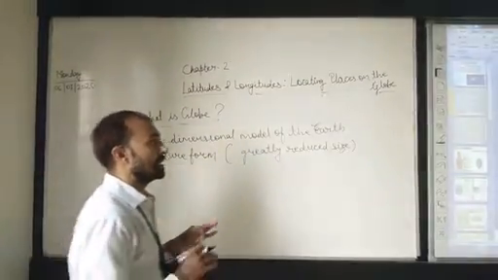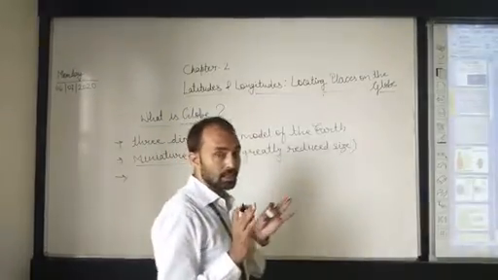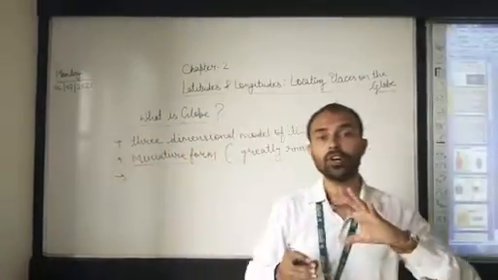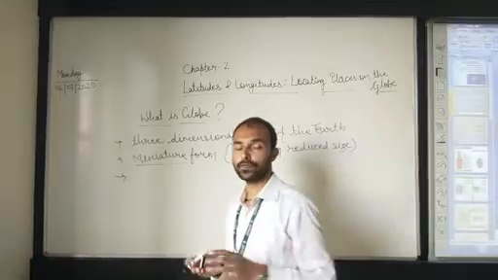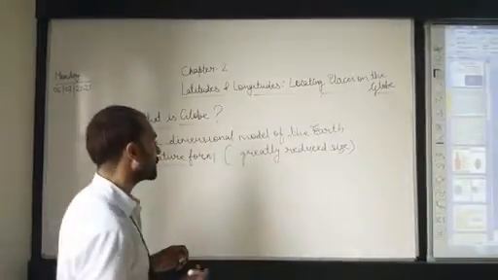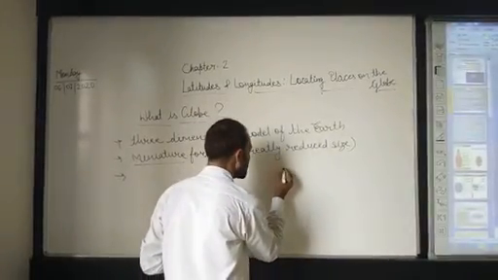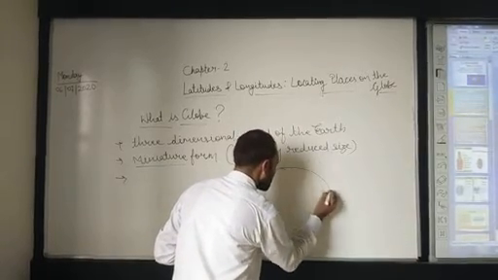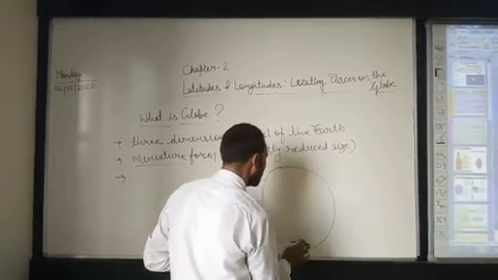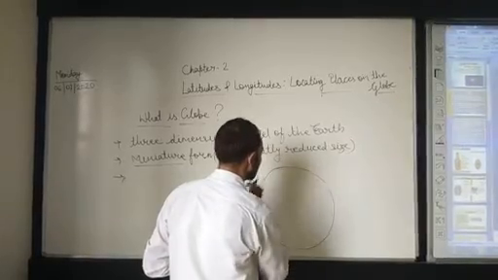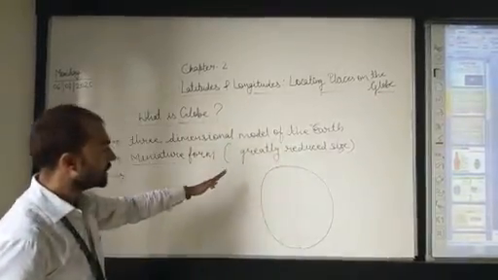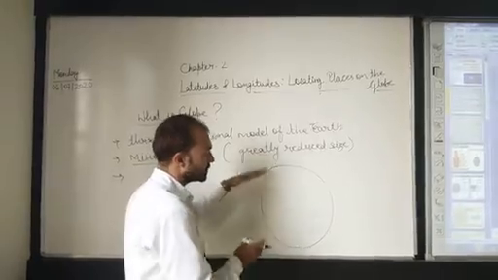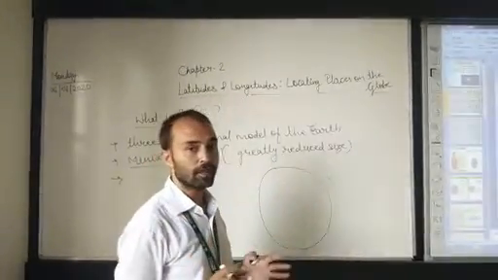Then our earth, since you all know, is not a perfect sphere shape. This is the shape of our earth. Why do we say it is not a perfect sphere?